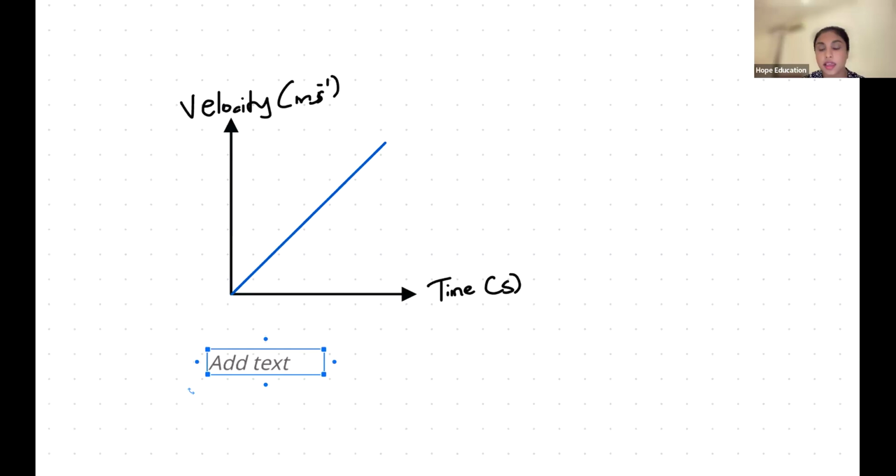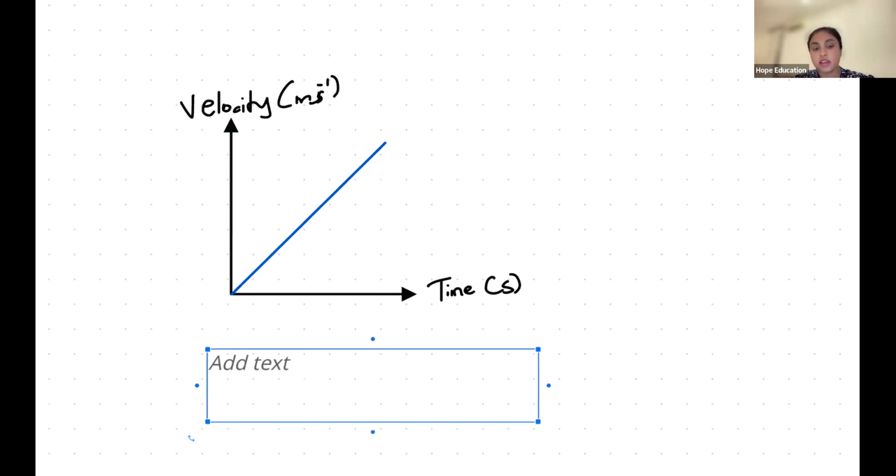It is an acceleration, yes. So velocity has gradually increased with time. Therefore, we say the object is accelerated. Or we can say, therefore, this is an acceleration.